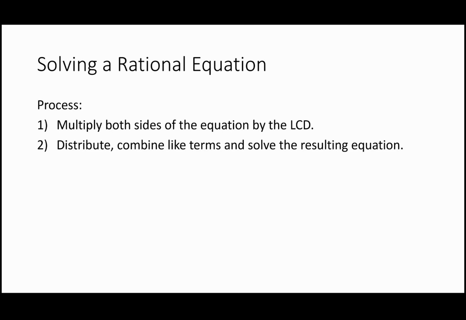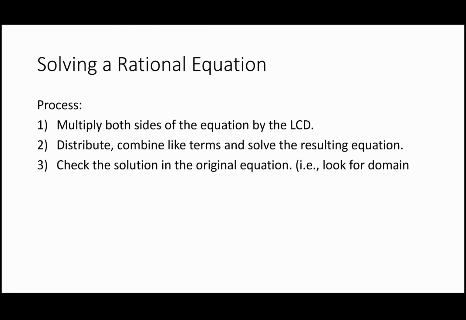Step 2 would be distribute, combine like terms, and solve the resulting equation. So it's a three-step process, excuse me. Step 3 is a very important part that is easy to overlook. In fact, in preparing to talk to you, I forgot about step 3, which is super important.